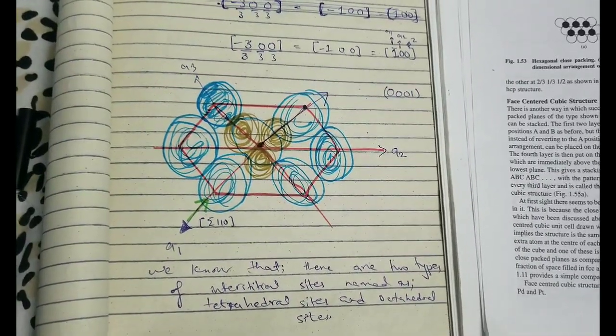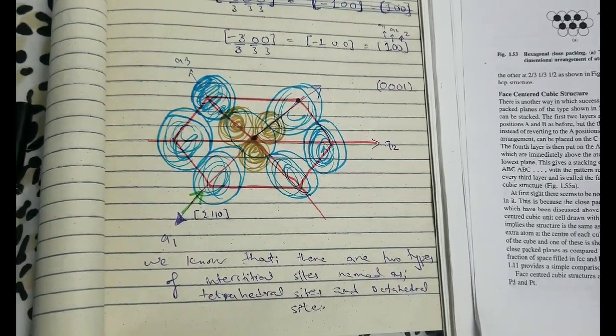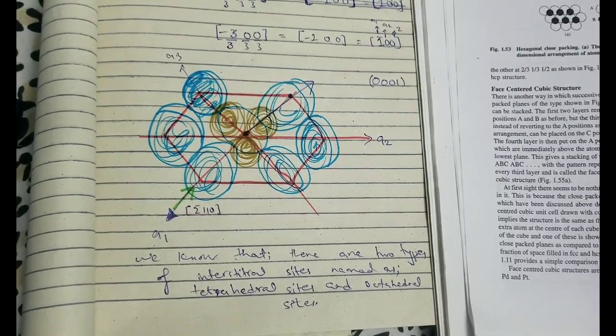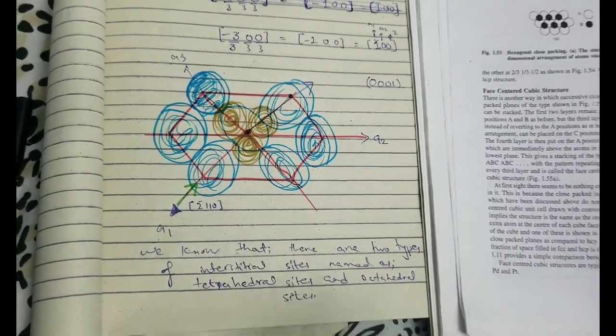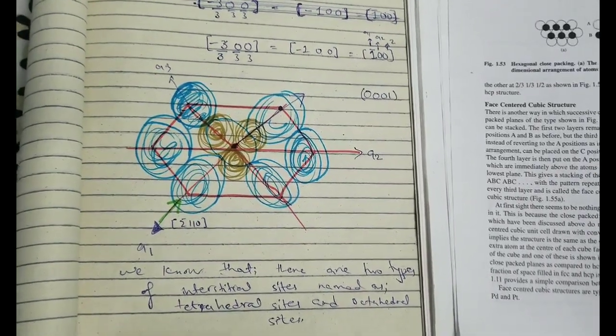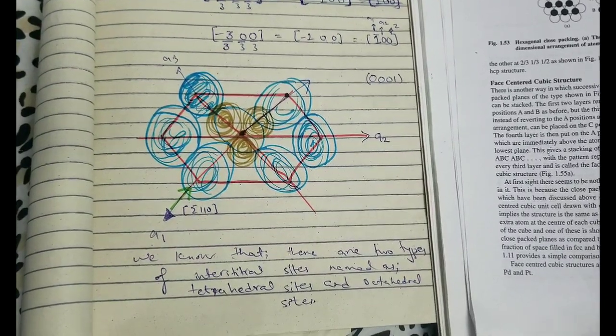How we determine their positions and how we draw them properly will be uploaded in a separate video, because for now we are doing the problem and I cannot spend much time explaining how to find tetrahedral and octahedral sites.